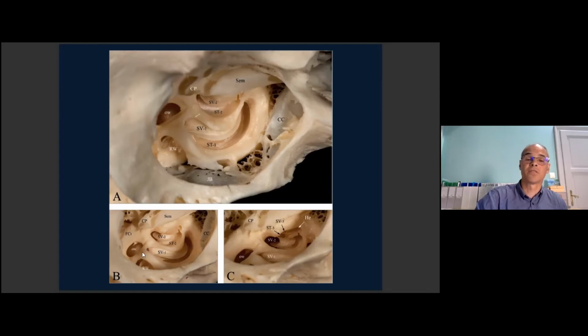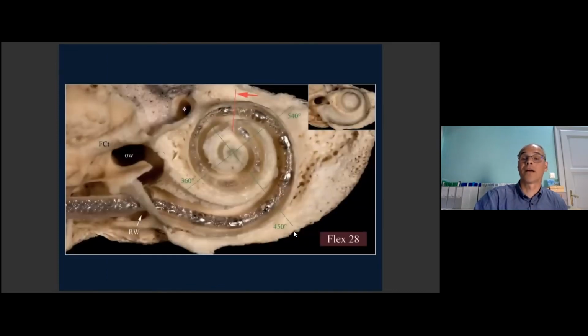If we look from another view, we can see the same. And a relatively inferior view shows that in special cases we can open the third turn as well. And how does a cochlear implant look within the cochlea?